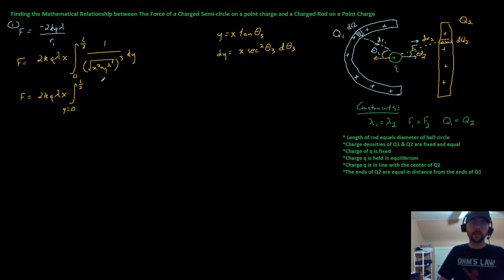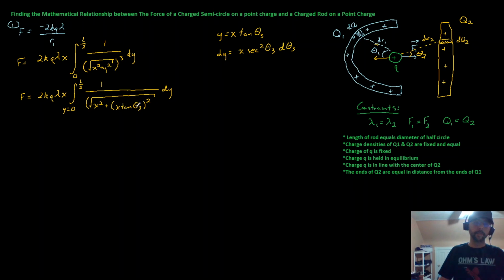And then we're going to go 1 over the square root of x squared plus x tangent theta sub 3 squared dy.